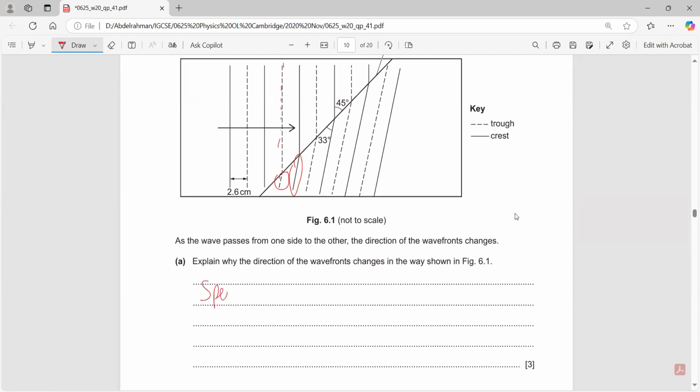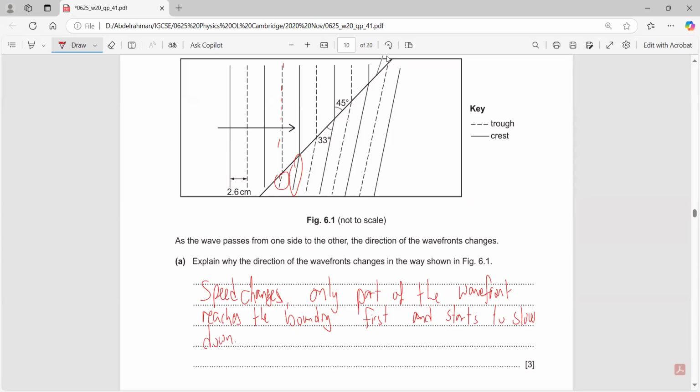As the speed changes, only part of the wavefront reaches the boundary first and starts to slow down, before the remaining part of the wave.